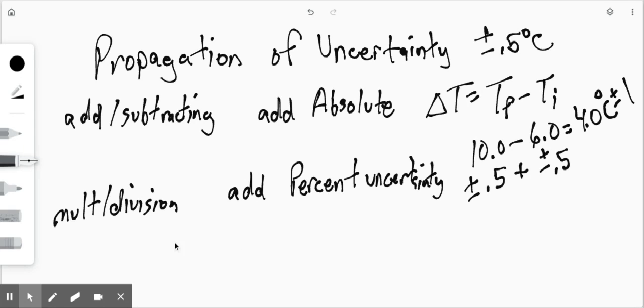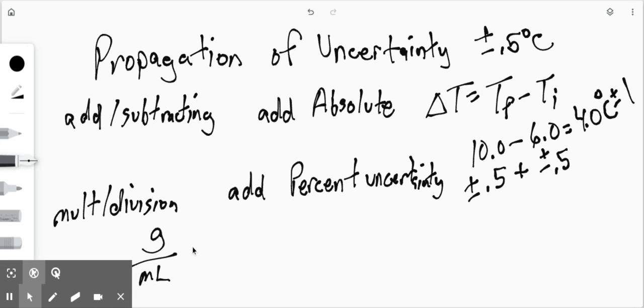So let's do a measurement of density. Let's say we have to take a mass measurement and we have to take a volume measurement, and we're going to calculate density in our experiment. So we know that our measured mass has a certain uncertainty, and we know our measured volume has a certain uncertainty.